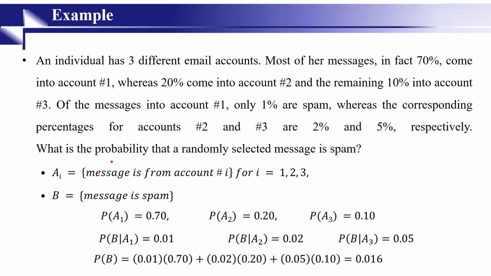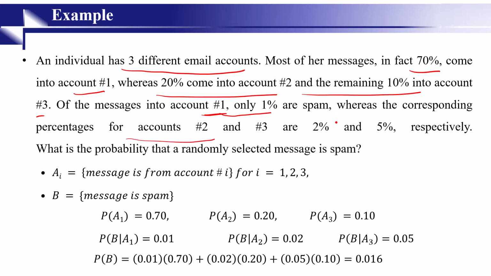Here is an email example. Someone has three different email accounts. He gets 70% of messages coming to email account 1, 20% go to account 2, and the remaining go to account 3. Spam rate differs. 1% goes to account 1, 2% for account 2, and 5% for account 3.